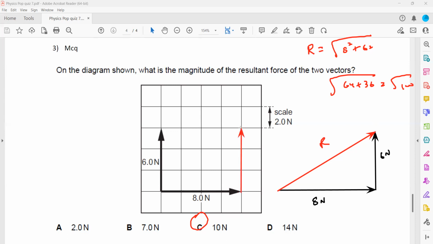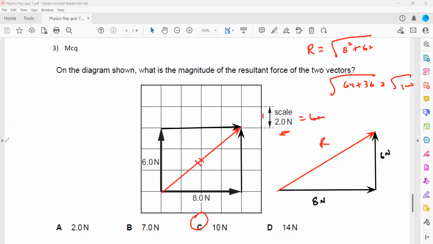So you complete this figure as a parallelogram, draw the diagonal of this parallelogram and measure its length. Compare with the scale: for example, if 1 centimeter represents 2 Newton, you measure the length of this part and convert it into Newton. That is the scale diagram method.